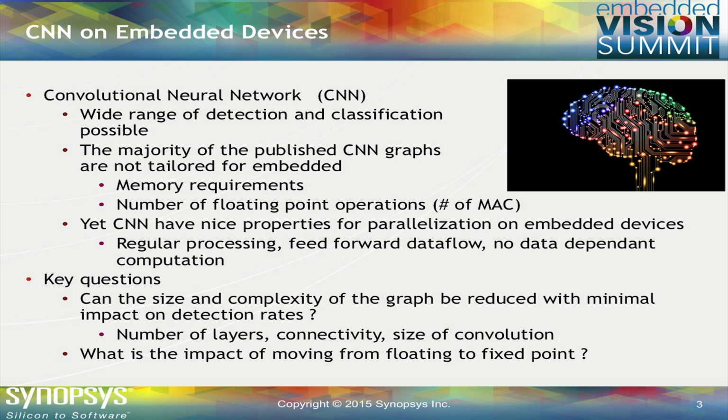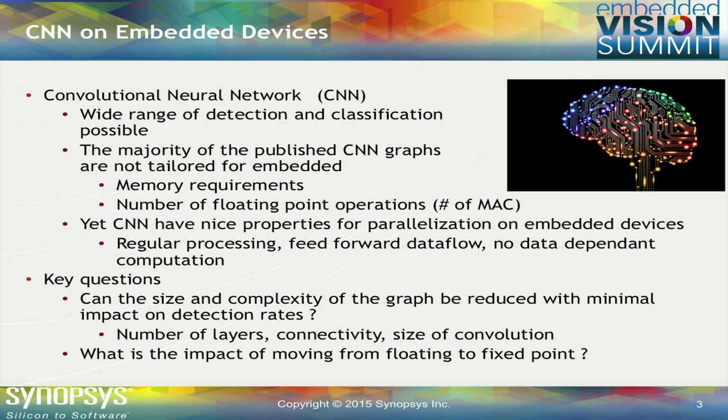So the question we can ask ourselves is, can they still be used on a low-power embedded device? Because they have a good detection rate and are quite flexible. And also, it's a pretty regular compute pattern that is implemented in neural networks. So they lend themselves pretty well to optimization.